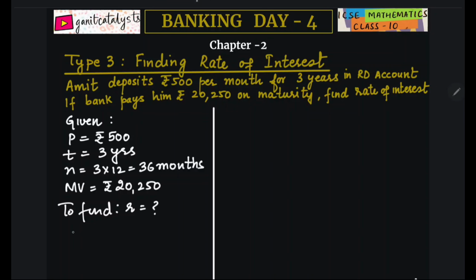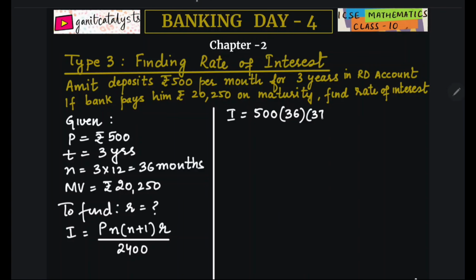So the first formula to be used is interest is equal to P into n into n plus 1 into R upon 2400. Now let us put the values. So I is equal to 500 into 36 into 37 into R, which we don't know, upon 2400.